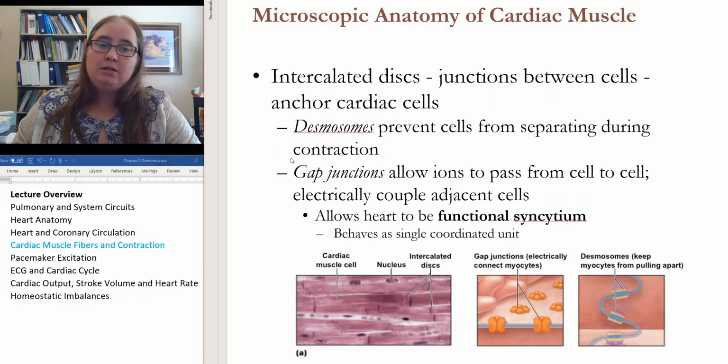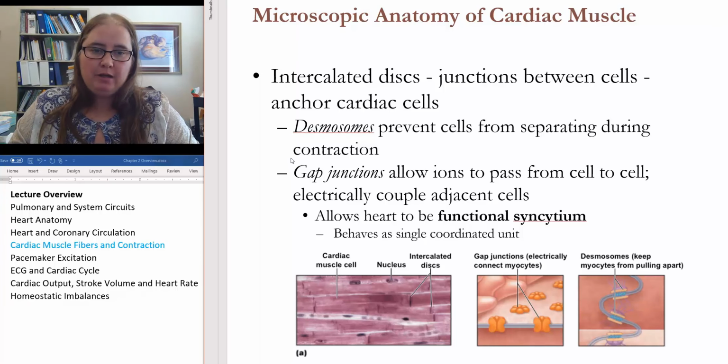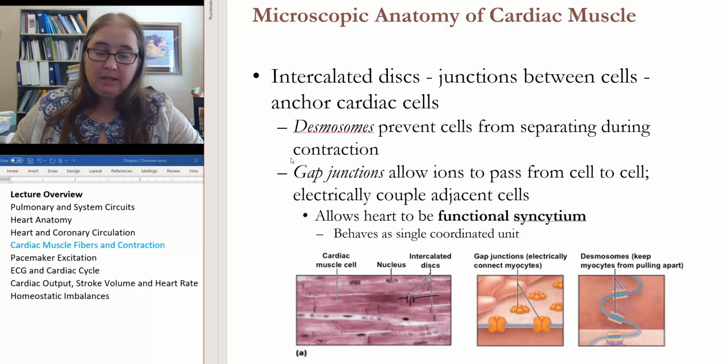Now, these intercalated discs are basically sites of junction between cells. So where you have an intercalated disc, for example right here, you have one cell ending and another cell starting, and they're linked together at this site. These intercalated discs have two major cell junction types that help the heart function as what we call a functional syncytium, or as a single unit.